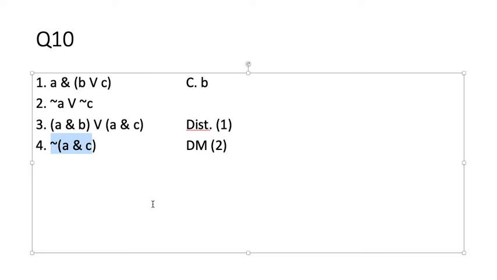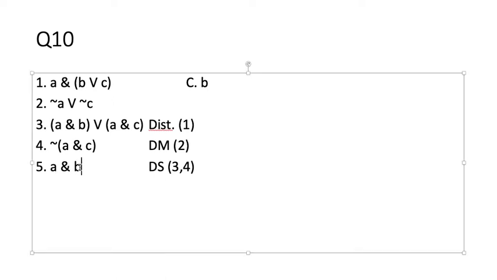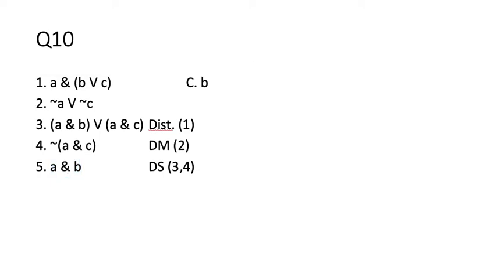It's not the case that A and C. And this is really nice because here I have A and C, and here I have not A and C. And because A and C up here is in a disjunction, I can use disjunctive syllogism. So disjunctive syllogism on 3 and 4 gives me A and B. And then I can just simplify that to get my conclusion. So simplification on line 5 to get B.